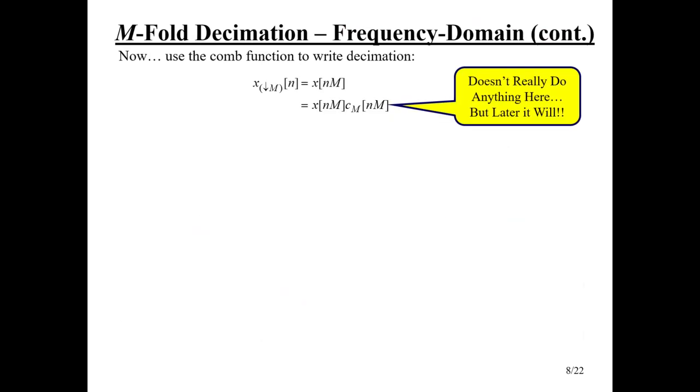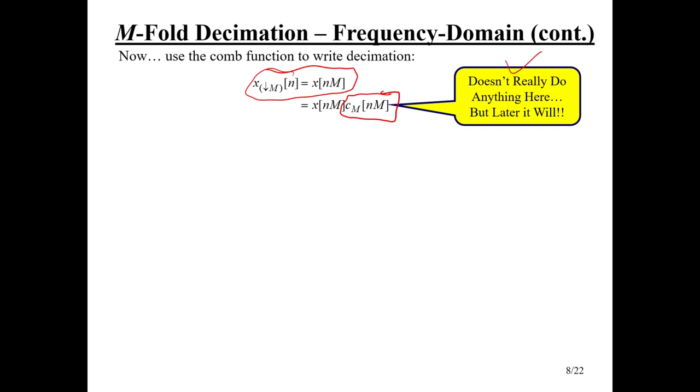Okay, so let's do the decimation and see what its Z transform looks like. If we can find its Z transform, we can then find its DTFT from that. So that's the path we're taking. So here is by definition what the decimated signal is. And so now what I'm going to do is insert this here.